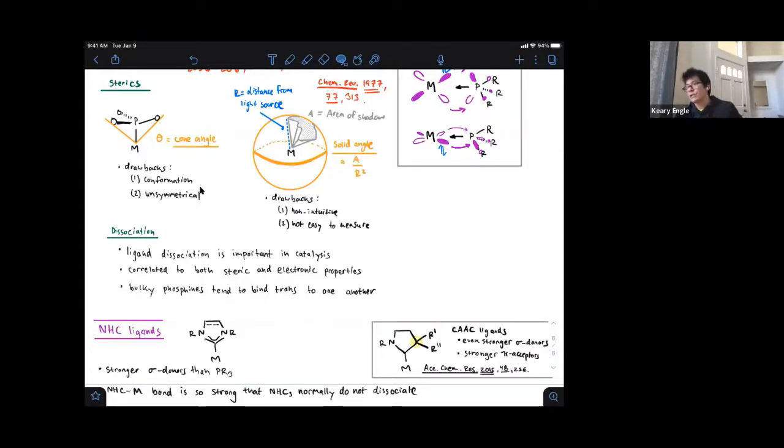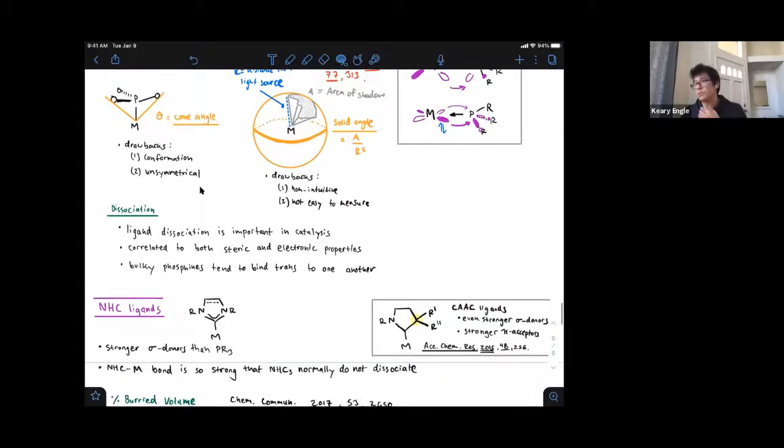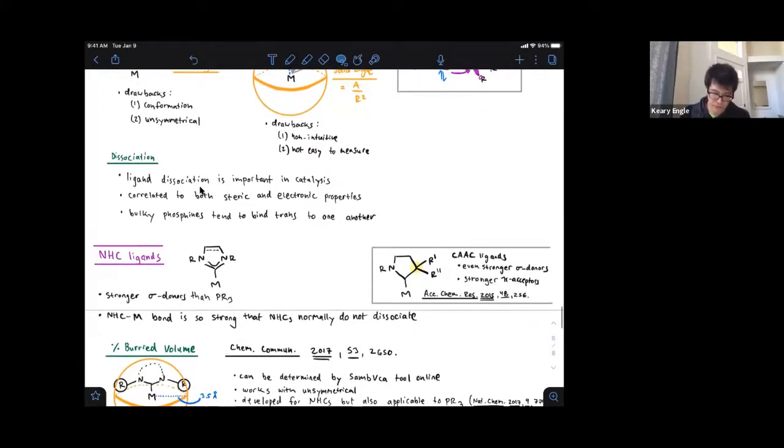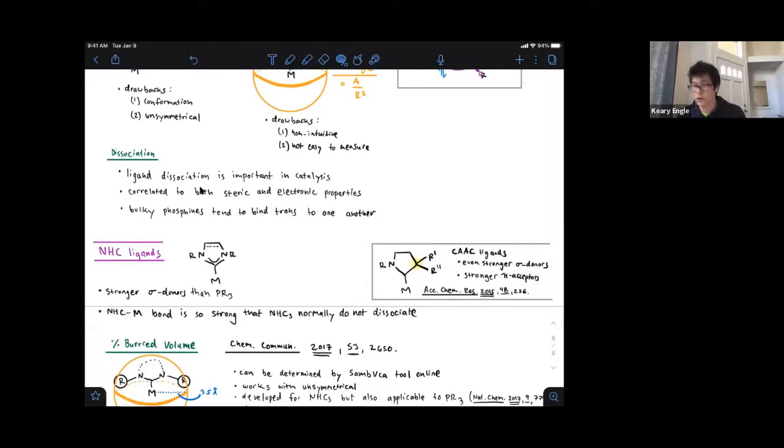And the drawbacks here, one of them is obvious just from my meandering explanation, which is that it's a little bit non-intuitive, and two, it's not super easy to measure. And so this has been, I think, to a large extent supplanted by what we'll see shortly, which is percent buried volume.